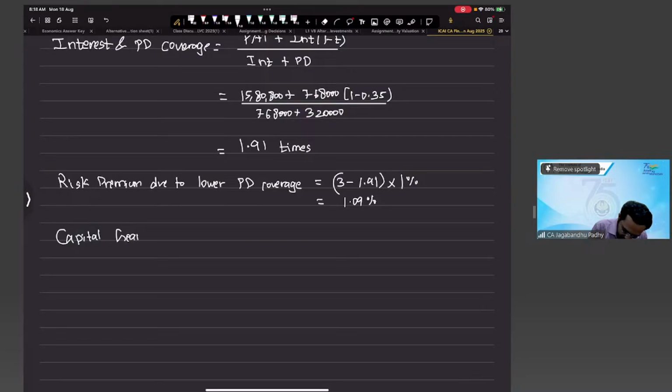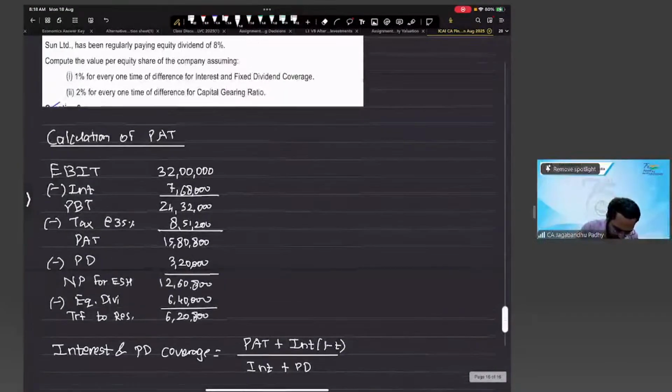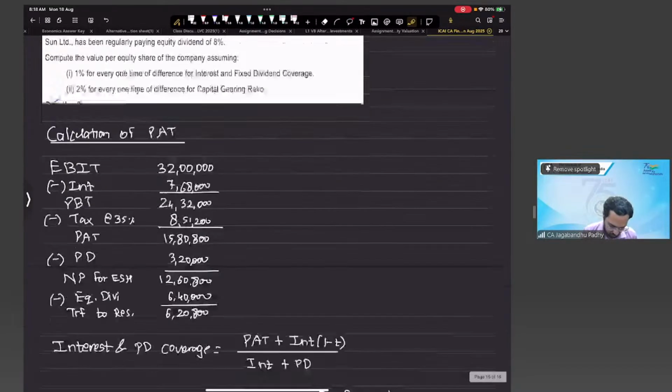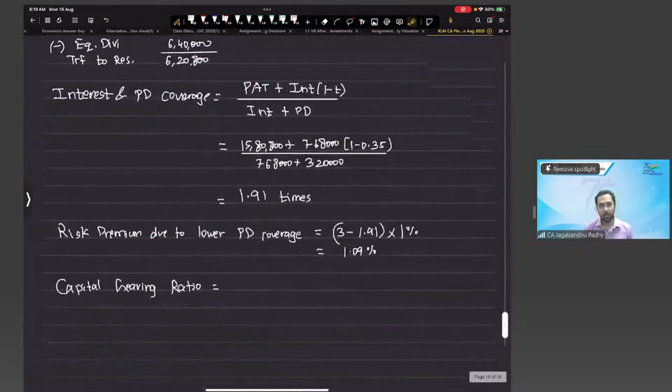How did we get this 1%? It's given in the question. 1% is the premium for every 1-time difference in the interest and preference dividend coverage ratio. Got it? Now, let's look at the capital gearing ratio.